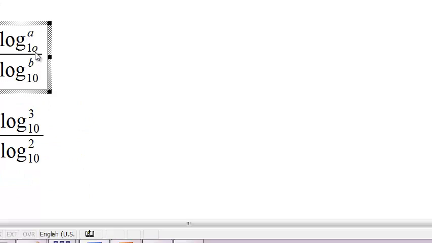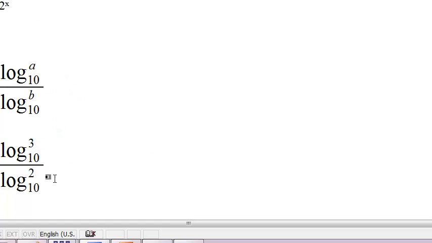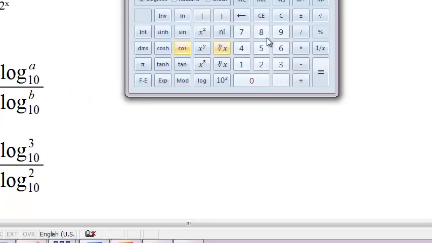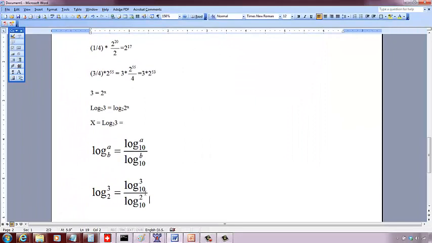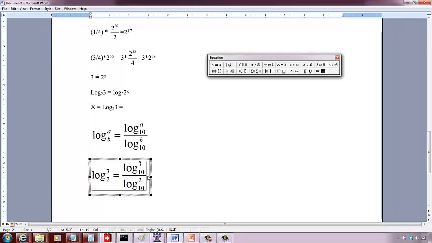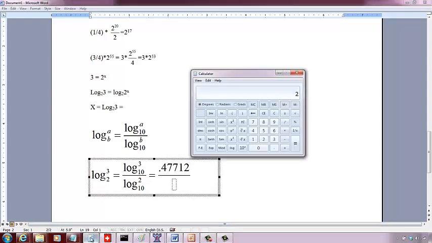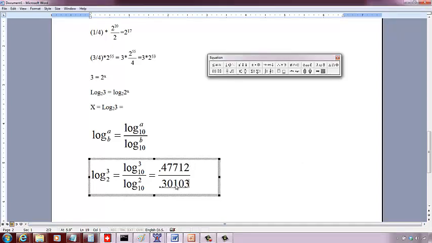So log of 3 to the base 10, if you use your calculator, is going to be 0.47712, and log of 2 to the base 10 is going to be 0.30103.